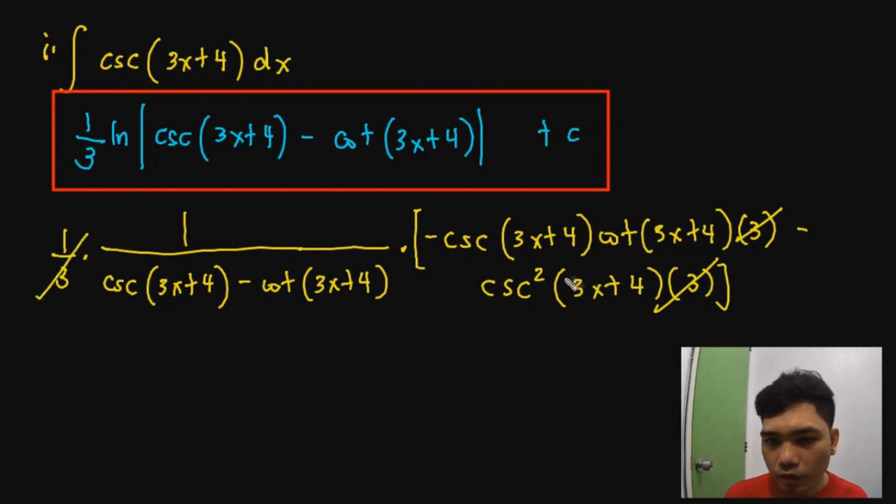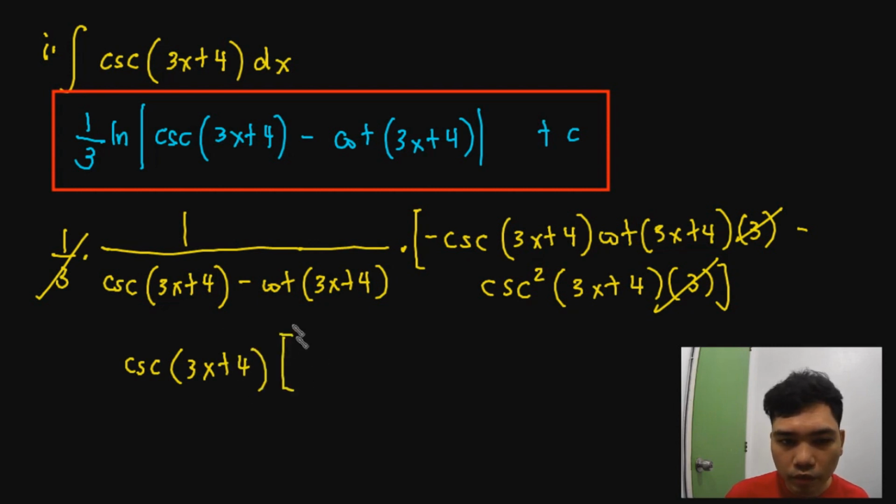Now we can simplify this further because we can factor out here the cosecant term 3x plus 4, and with this cosecant 3x plus 4 being factored out, we are left with this expression. By the way, I used negative here, but remember this one is cotangent, so that is negative cosecant, so this one makes it positive.